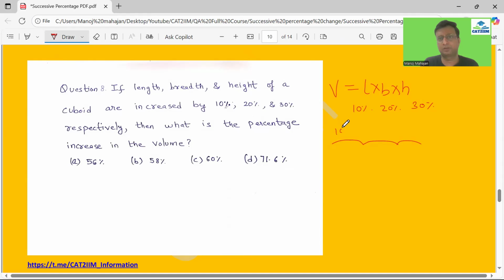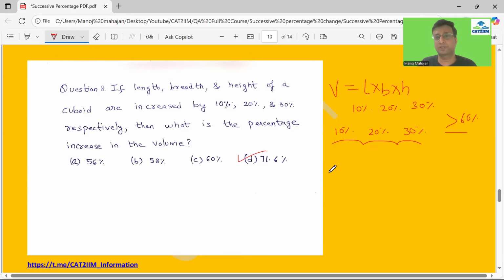So again, we can use a plus b plus ab by 100 out here. One thing is very sure: the net percentage increase has to be more than the sum of these three, that is 10, 20, 30, which is 60. So 60% more should be the answer for sure, because the increase is happening successively over here. So only one option is there beyond 60%. So straight away, as a shortcut, you could have marked option D over here.